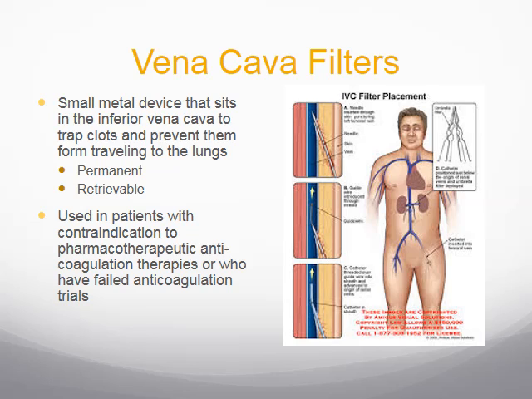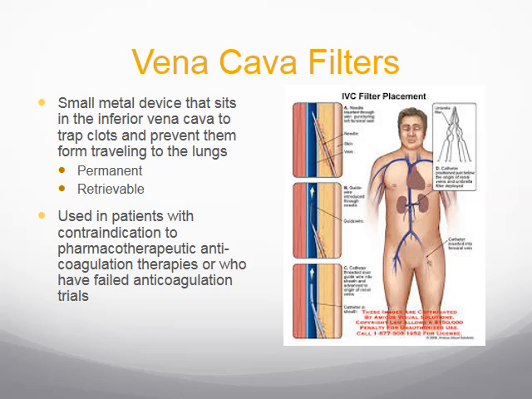Like I said, they're used in patients that are contraindicated to anticoags or that have failed anticoag trials. Some contraindications include hemorrhagic stroke, recent neurosurgical procedures or other major surgeries, major or multiple trauma, acute internal bleeding.